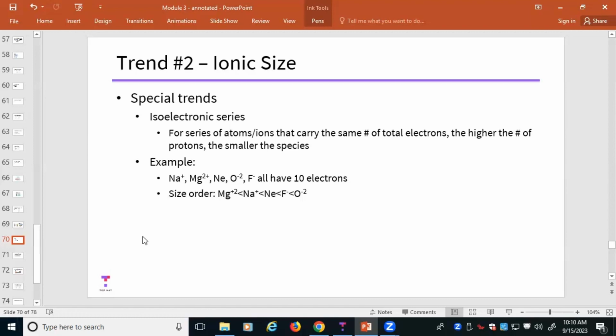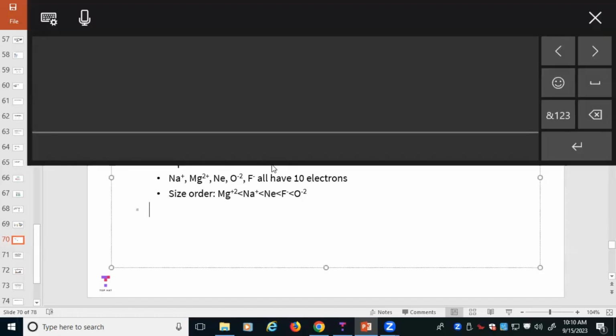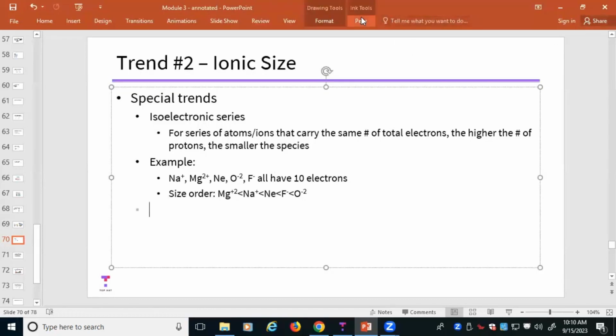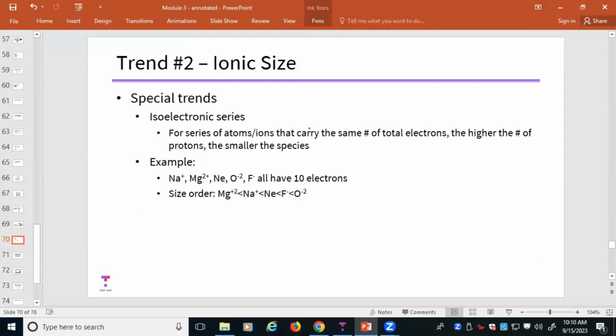And the way that it goes is, again, a matter of attraction. Since we are talking about equal numbers of electrons, it's going to be the proton number that dictates attraction.